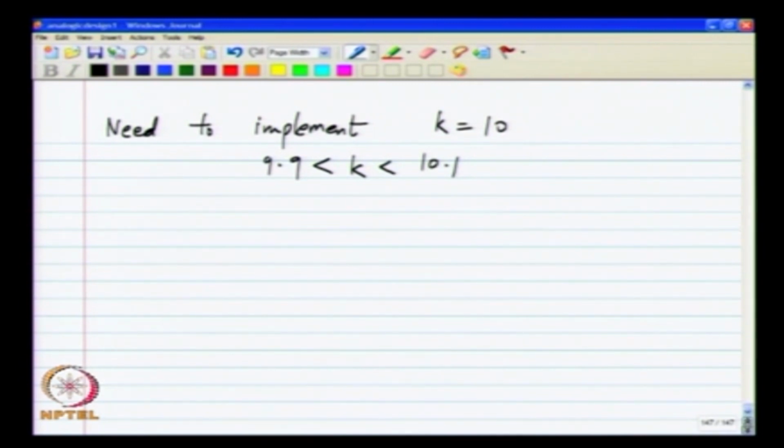Now we know that the finite DC gain of the op amp will make the gain smaller. So, it is going to be about 9.9. So, what is the relative error here? 10 minus 9.9 divided by 10, which is equal to 0.01 or 1%.